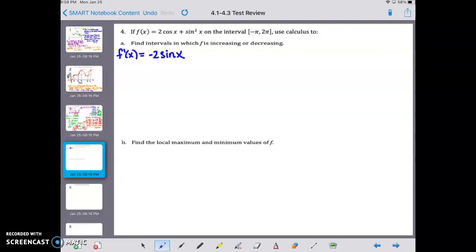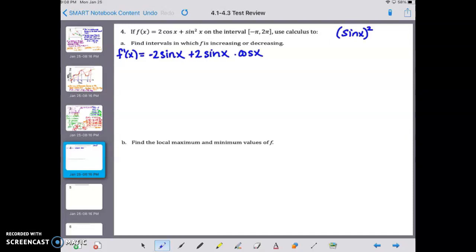And then keep in mind that sine squared x is really sine x quantity squared. So when we differentiate that, that requires us to use the chain rule. So we would bring down the 2 first, so plus 2. We would differentiate the outer at the inner, so we would have the sine x still. But then we have to multiply by the derivative of sine x, which is cosine x.